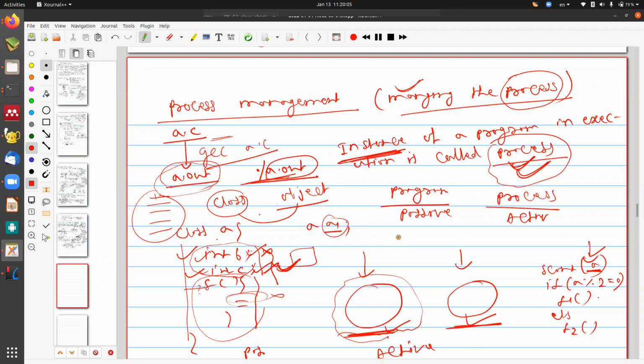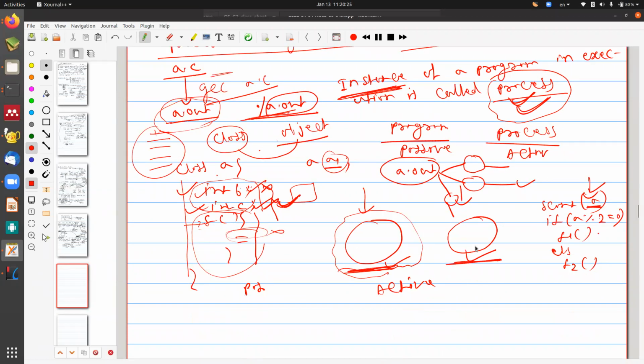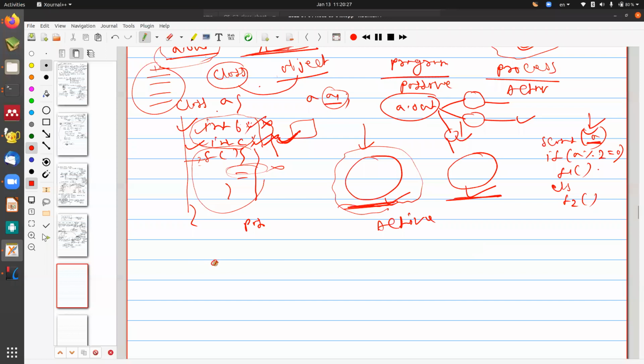And you know that if there is a single program like a.out, my executable program, from the same program you can create multiple instances. One instance will give you one process, another instance will give you another process, and another instance another process. What is this instance here? You have a.out already stored in the hard disk, but I can open 3 terminals. And in each terminal, I can write ./a.out.